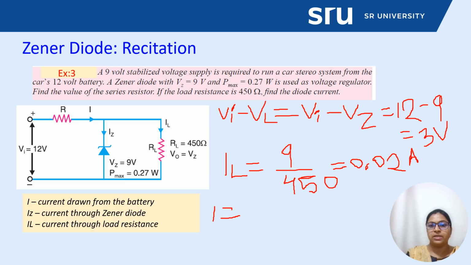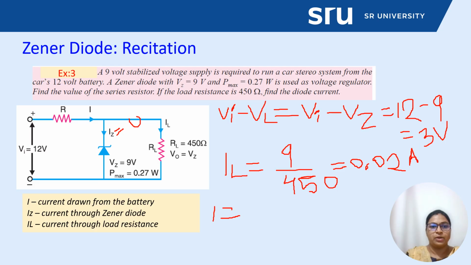Here our load current IL is 0.02 amps. The Zener current Iz is equal to the power, Pmax, given as 0.27, divided by Vz, which is 9.